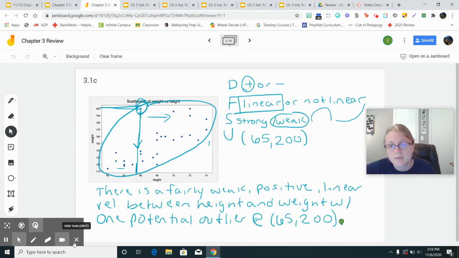So that's describing a scatter plot. And those are your characteristics you want to do, and that is the sentence you want to write.